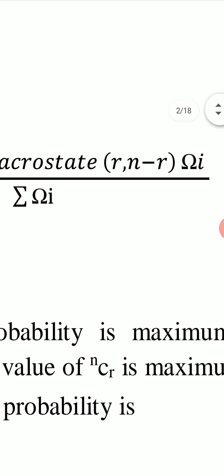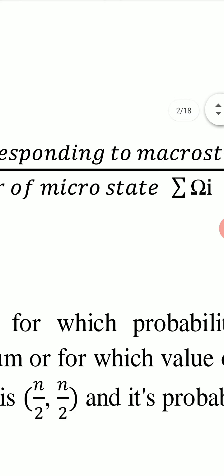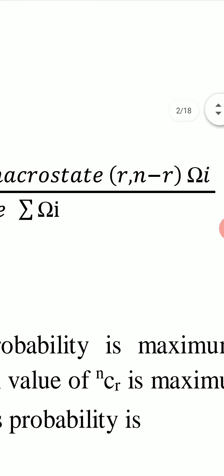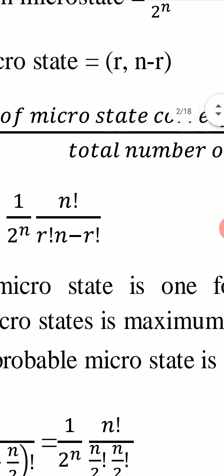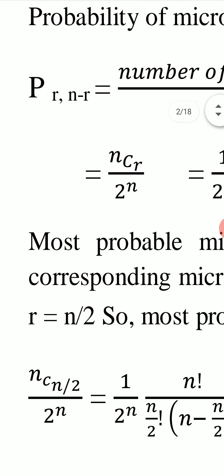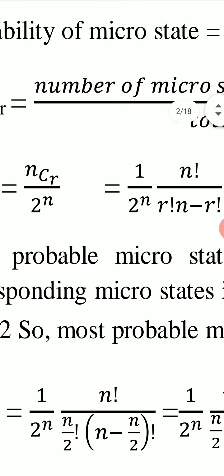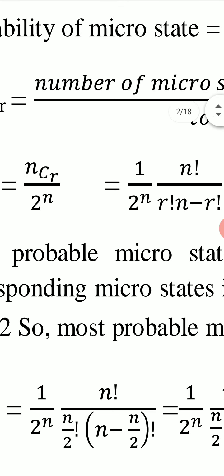It is the ratio of the number of microstates corresponding to macrostate (r, n minus r), which we write as omega i, and divide by the total number of microstates, which is summation omega i. So it is equal to NCR divided by 2 to the power n. It is 1 upon 2 to the power n, and NCR is factorial n upon factorial r into factorial n minus r.